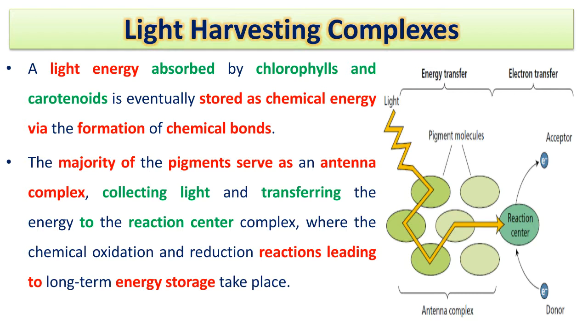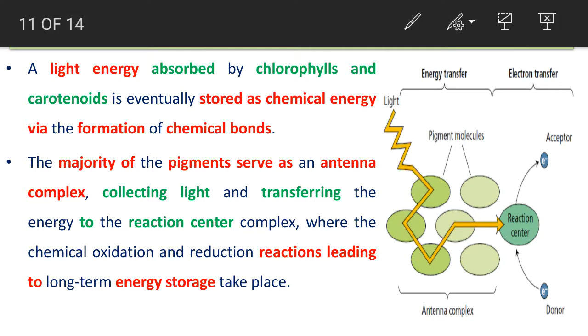Till now, we saw the light and its absorption. Now let's see the light harvesting complexes. In a light harvesting complex, many pigments work together, serving as an antenna for collecting light and transferring its energy to the reaction center, which acts as the beginning point of the photosynthetic reaction. See here, this is the antenna complex.